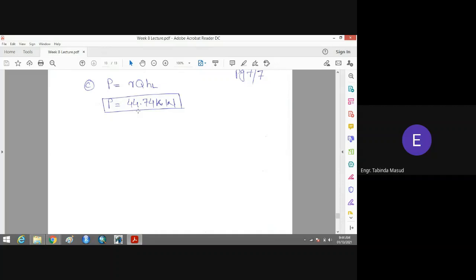Only one thing is left, that is what is the importance of the hydraulic jump. Hydraulic jump is used to dissipate the destructive energy of the high velocity flow. Just imagine that there is a high velocity flow in a channel. What will be happening? The high velocity of flow is responsible for the sedimentation of the channel, for the erosion of the channel bed.